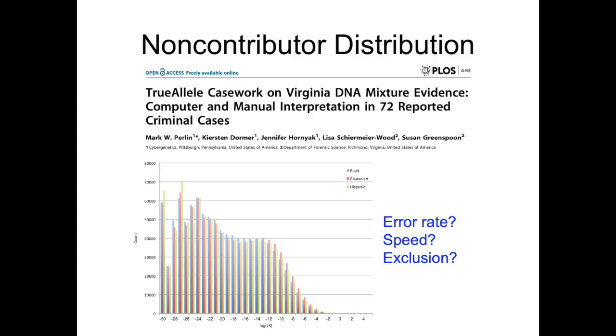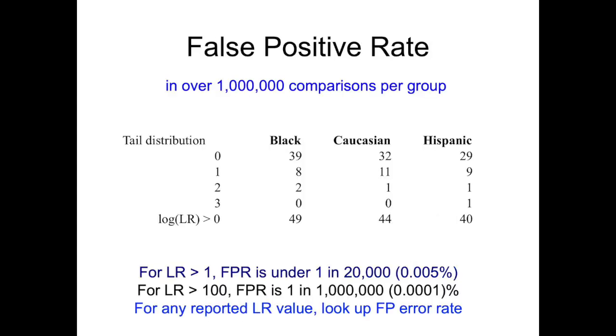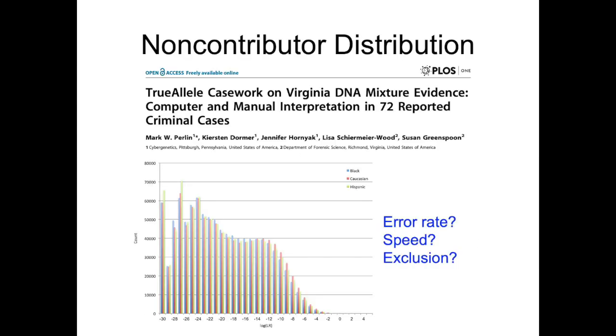The next slide shows a picture that's in the paper. Here, in over 1 million comparisons per ethnic group, we could look at the tail distribution. And so these are the log units 0, 1, 2, 3. If you back up, Matt, we can look at that right tail.